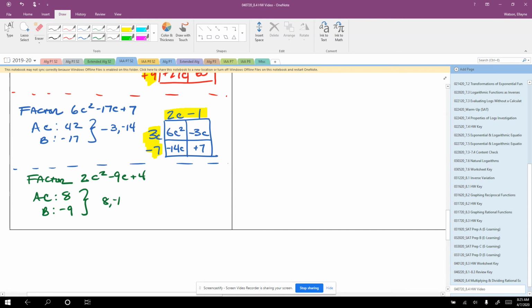This way I will do not with the box method, just for those of you that want to see it the other way. So first term stays the same. Second term splits into 8c minus 1c. Last term stays the same. And then I'm going to group and factor out the GCF. So I'm going to have 2c on the outside, left with c plus 4.